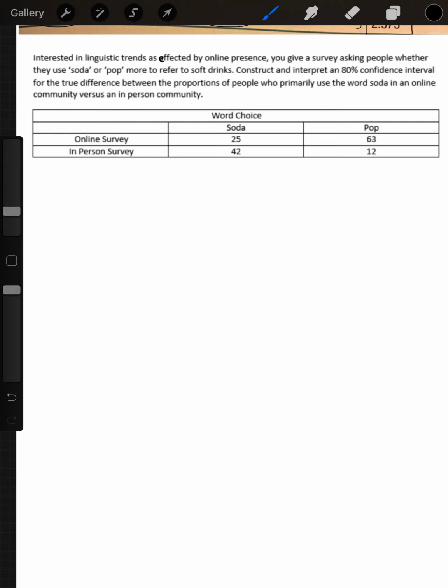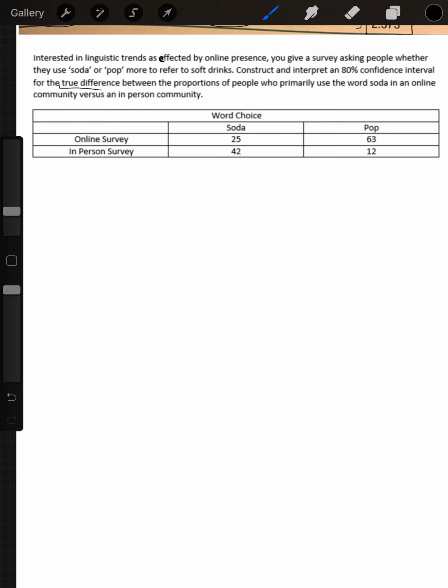There we go. So we're apparently looking into what word people would choose to use for soft drinks, either soda or pop. And we want to interpret an 80% confidence interval for the difference between the proportions of people who primarily use the word soda, online or in person.